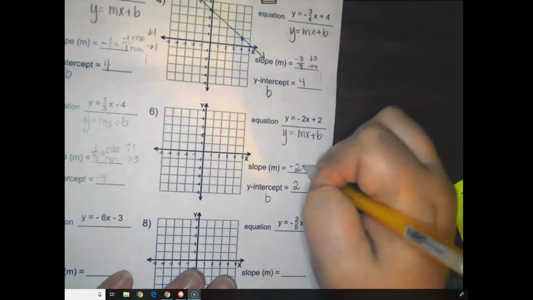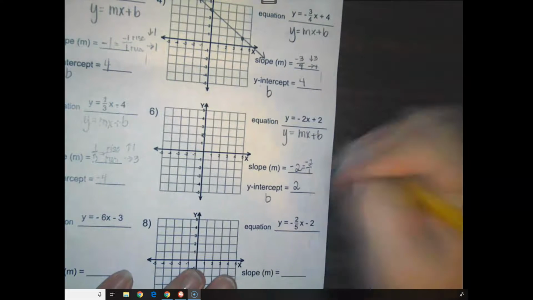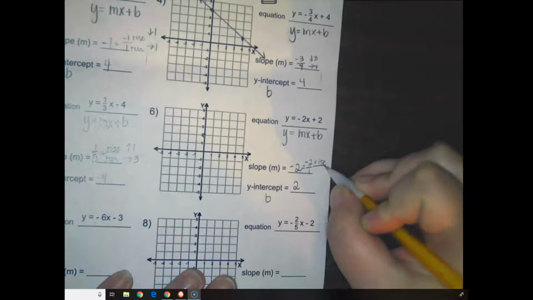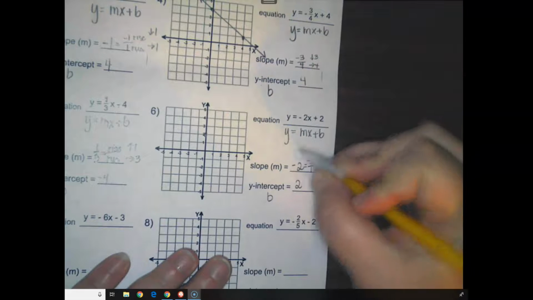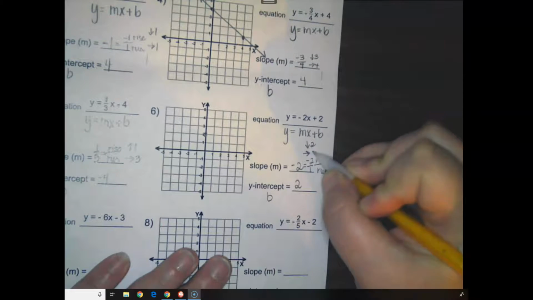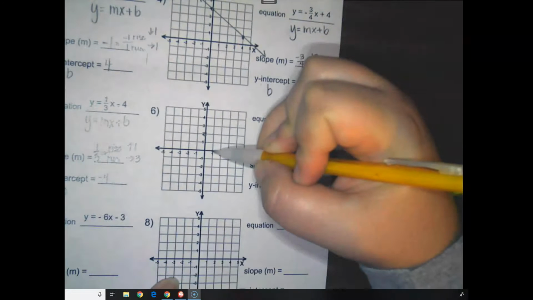Remember, if it's just a negative 2, I need to put it over 1 so that I can have a rise and run. So with a rise of negative 2, I'm going to go down 2 and to the right 1.